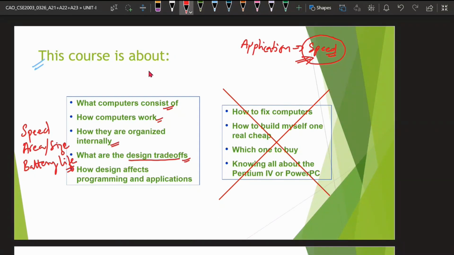If some application has an area requirement, suppose a mobile phone and a laptop, the laptop takes larger area and the mobile has smaller area. A mobile is also a type of computer only, and in mobile we require less area. So if we require less area, we should give up some functionality in terms of speed.